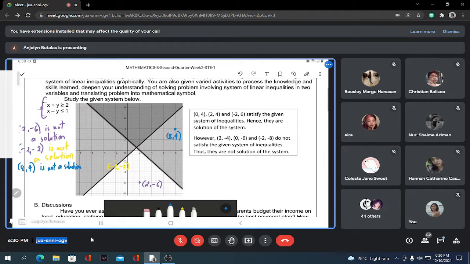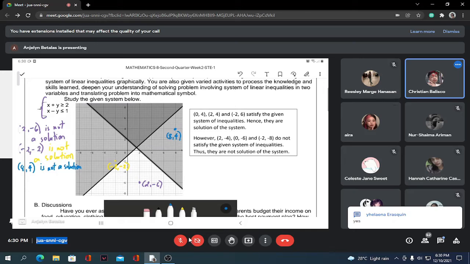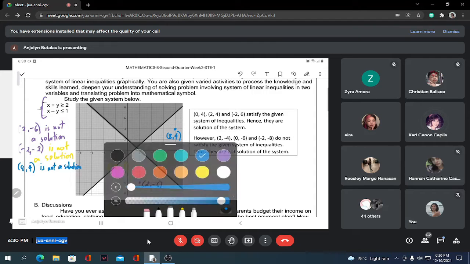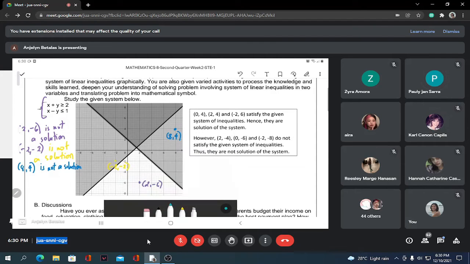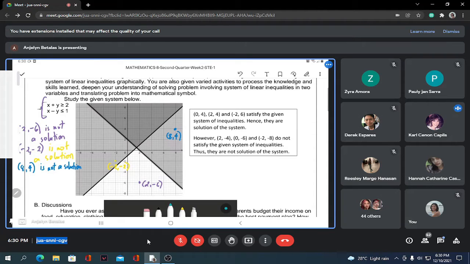(2, 8). It is a solution. Where is it found? Quadrant 1.